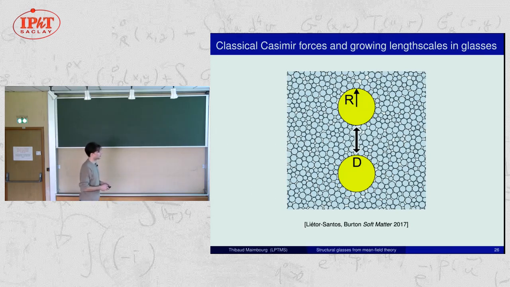So if in your medium you put a wall, or let's say two obstacles, as you approach the critical transition you expect an effective force, called the Casimir force, due to the medium they are embedded in. This could be used to define a growing length scale in a more direct physical way than otherwise, since it is quite difficult to define one in liquids.